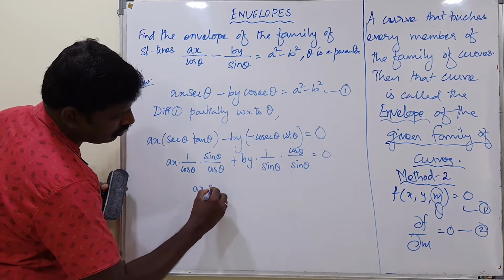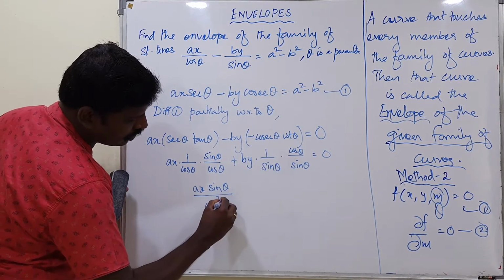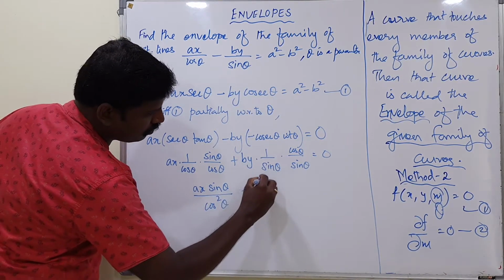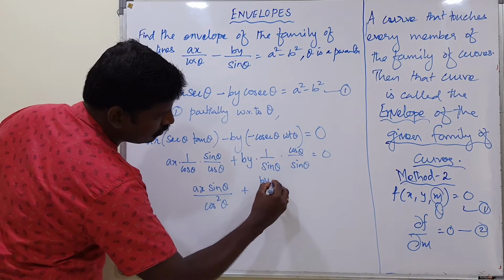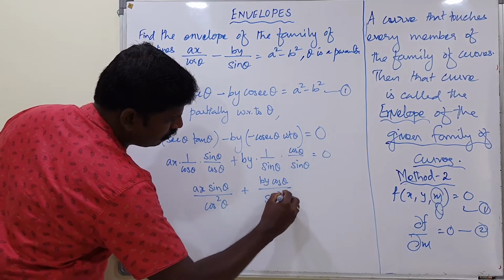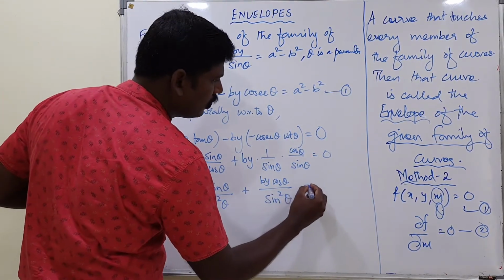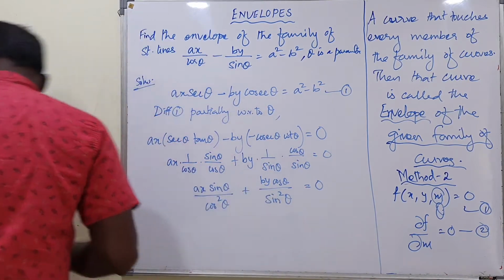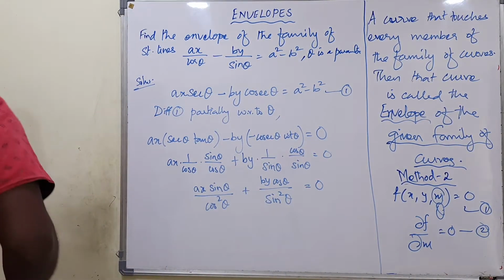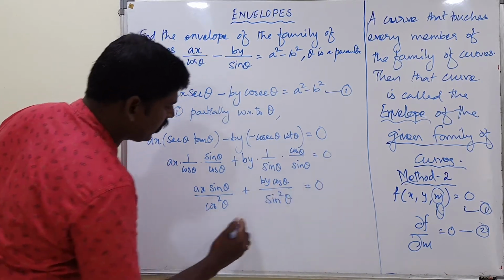a x sin theta by cos square theta plus b y cos theta by sin square theta, isn't it? Equal to 0. Right? Now I am taking this term into the right hand side.